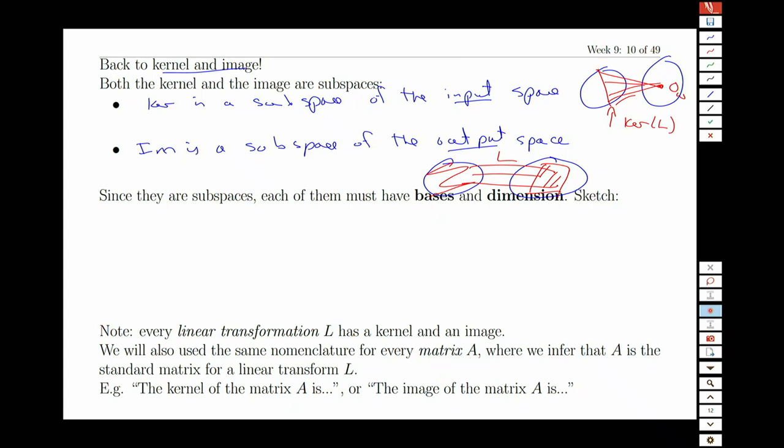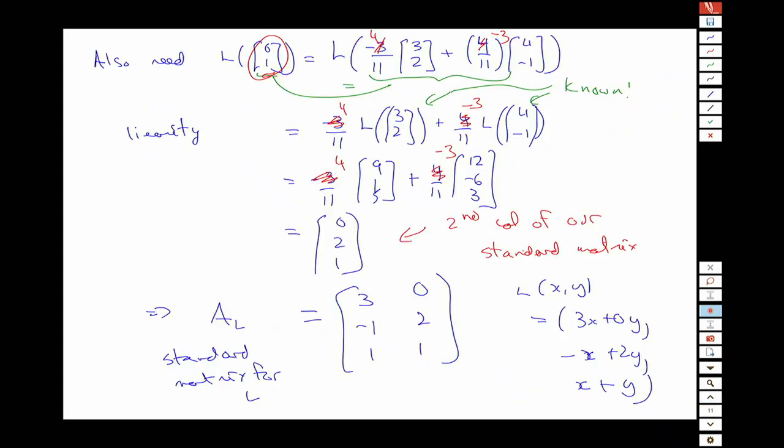If someone just hands me a matrix and goes, here's a matrix, and you think of it like a transform, that transform will have a kernel and an image. So we'll often say not the kernel of this transform, but the kernel and image of this matrix. That's pretty standard. Let's see how that plays out here.